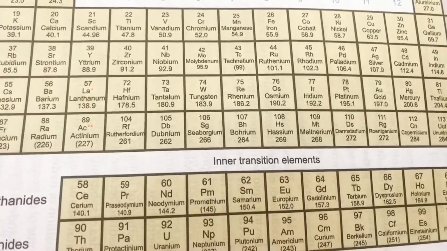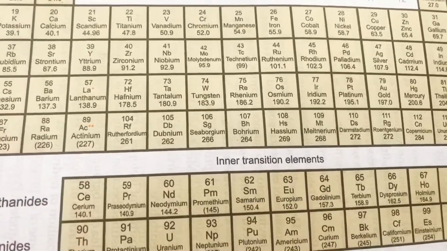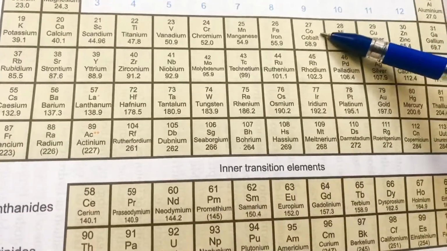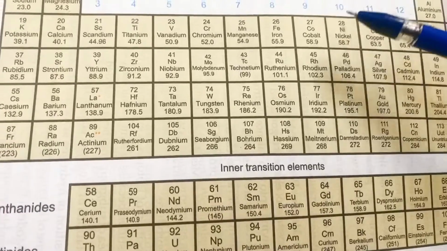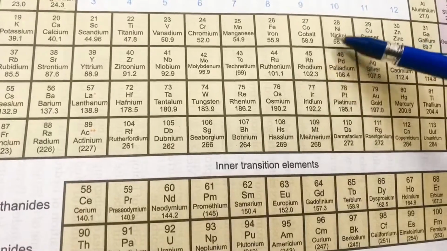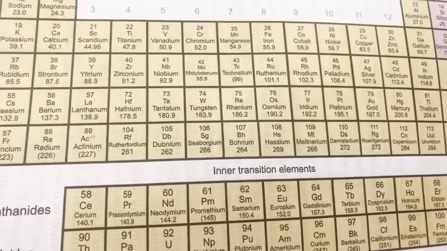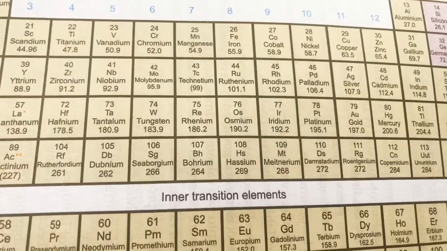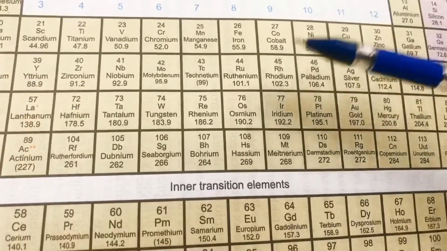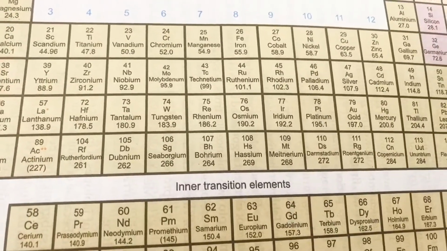You can change the number of electrons, you can change the number of neutrons, they may vary, but the number of protons won't vary, and the atomic number is totally based on the number of protons. That's why they are always fixed, and hence we have put cobalt here and nickel at the next position. This is the reason why nickel is written later than cobalt, because you cannot change the number of protons, and that is the atomic number.